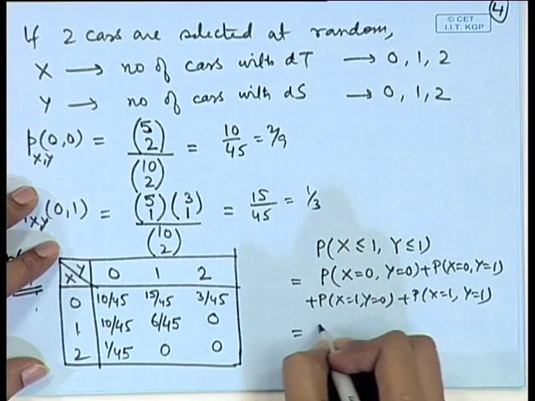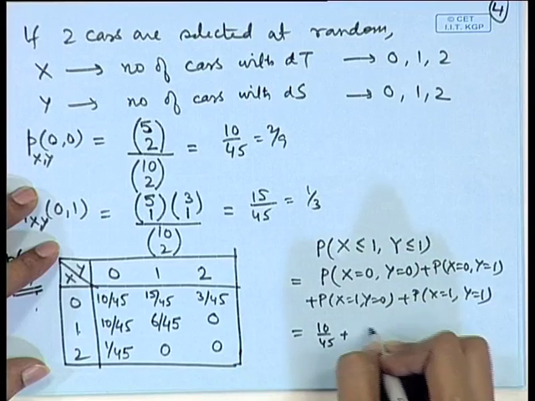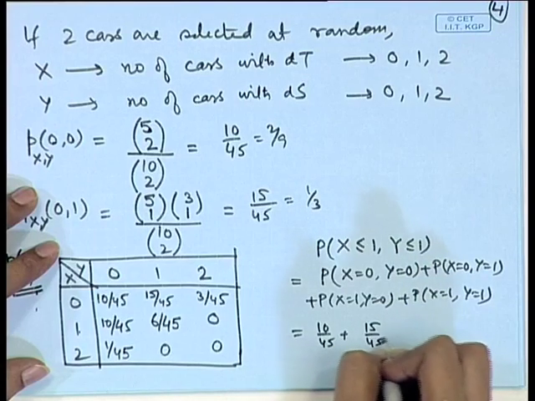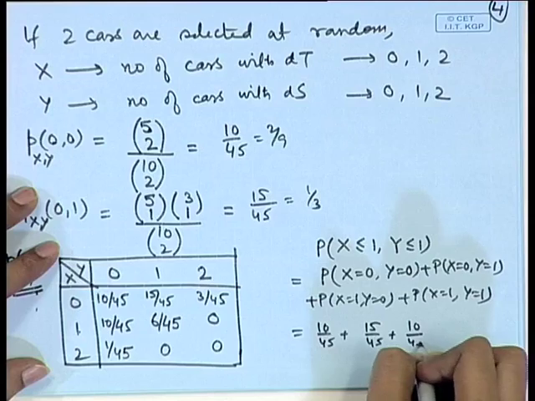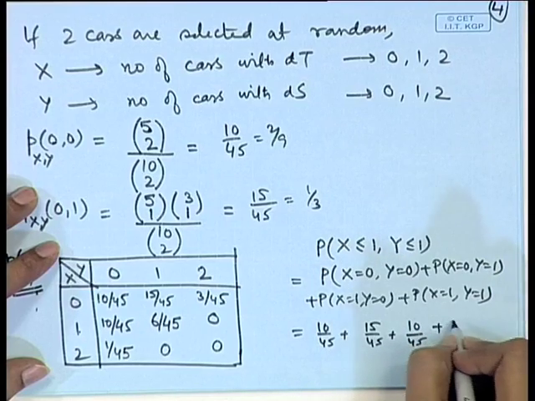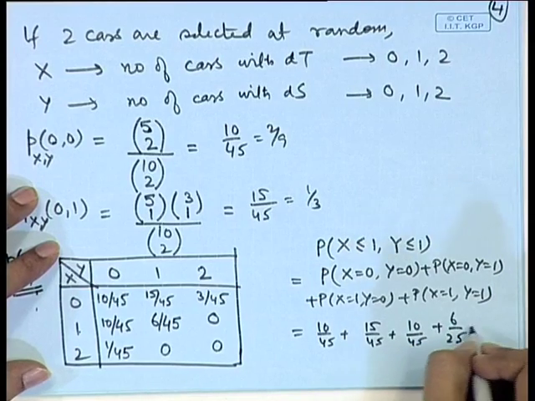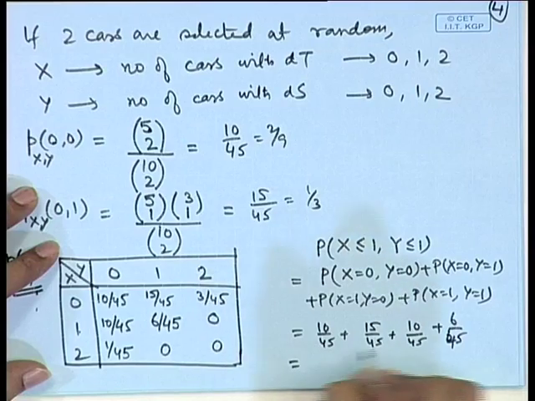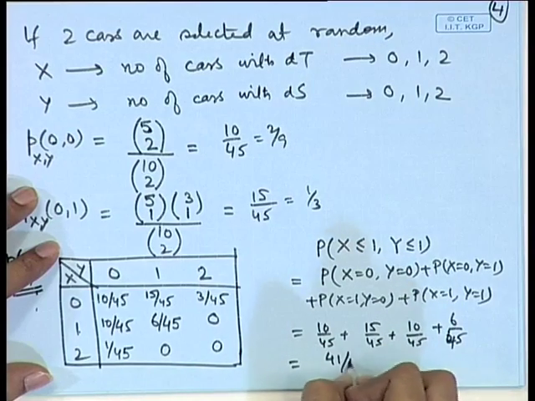So, this is equal to 10 by 45 plus 15 by 45 plus 10 by 45 plus 6 by 45, which is equal to 41 by 45.